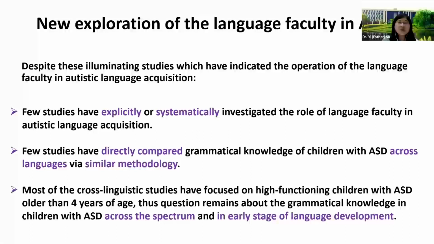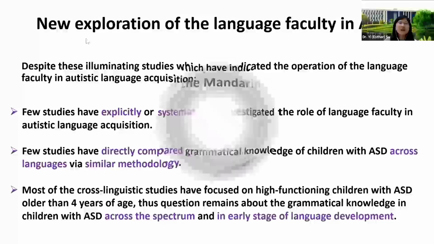And also most of the cross-linguistic studies, as I have mentioned, focus on high-functioning children with SD older than 4 years of age. So we don't know whether grammatical strengths can be seen in children with SD across the spectrum and in early stage of language development, for example, in Mandarin Chinese.